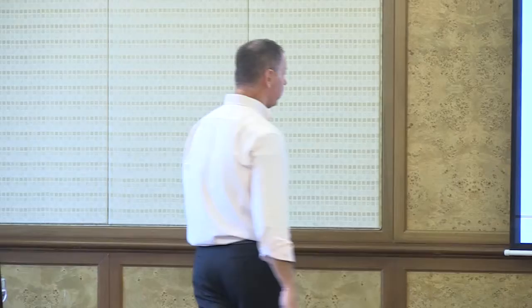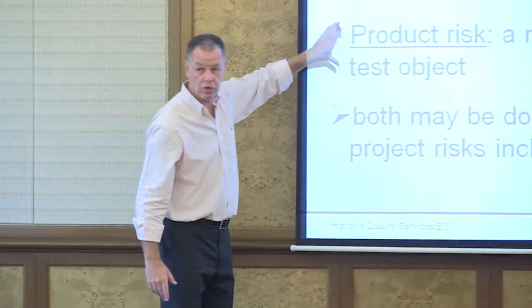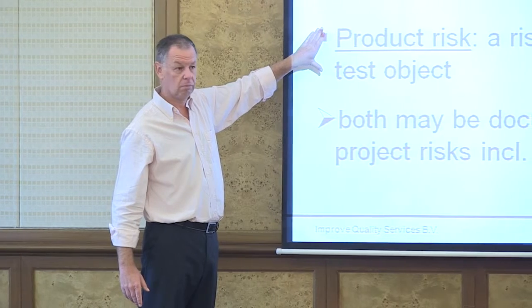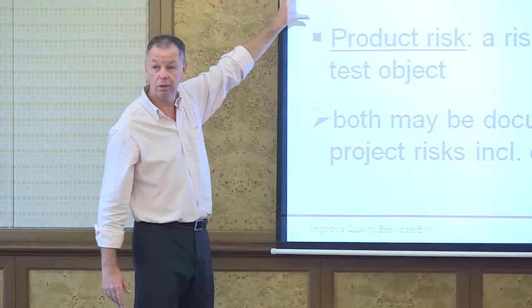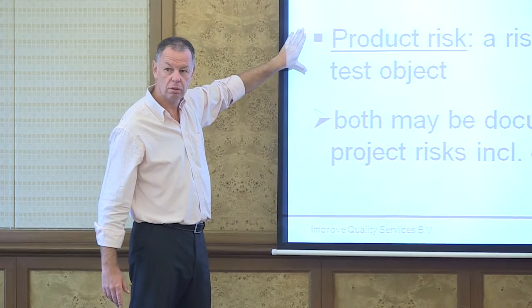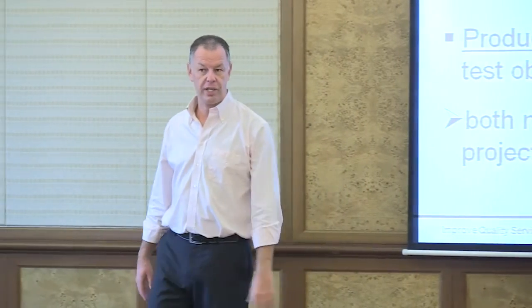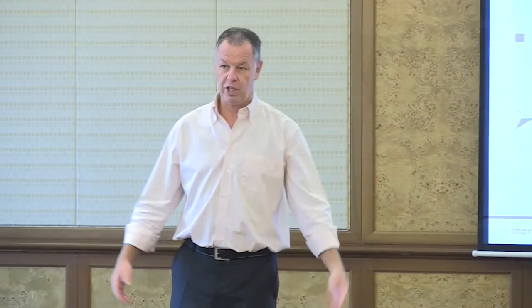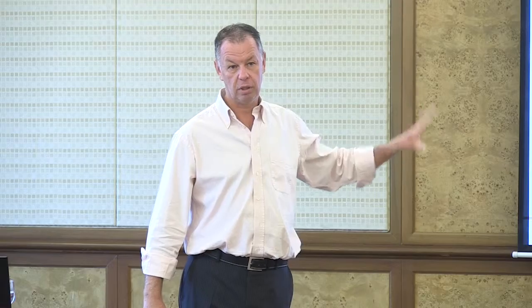A risk directly related to the test object, and today it's about this risk. That's what we're talking about. The other one is important as well, don't get me wrong, but that's another tutorial. Of course, both are usually documented in a test plan. We're talking about product risks today, the system risks, if you want.